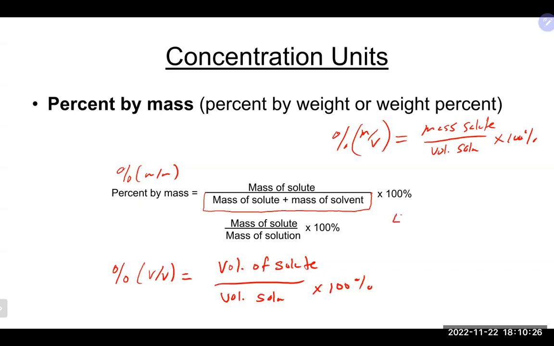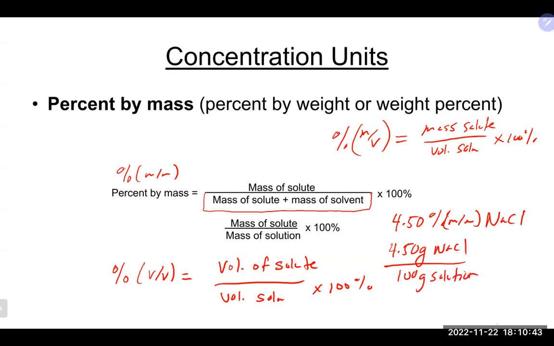So again, if we had a 4.5% by mass sodium chloride solution, that would mean that there are 4.5 grams of sodium chloride in 100 grams of solution. Or if you needed it the opposite way, you could flip it around and say 100 grams of solution would have 4.50 grams of sodium chloride.